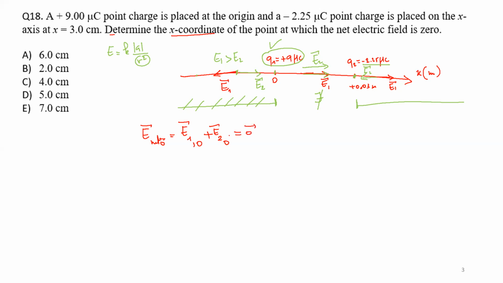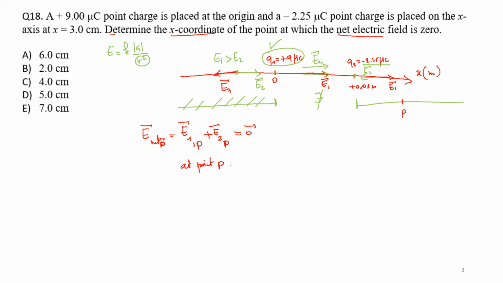Vector, of course. By the way, O is not the origin here. Let me call it P, it's better. At point P, P is the point at which the net electric field is 0. And as I said, P is somewhere here.